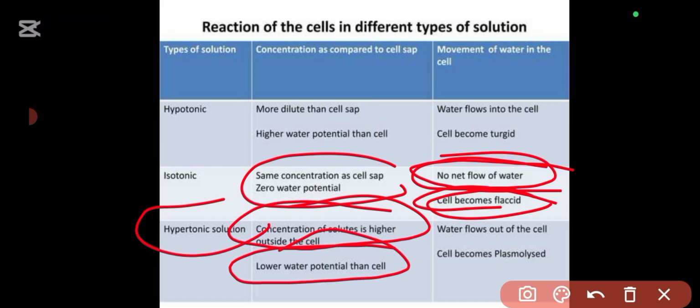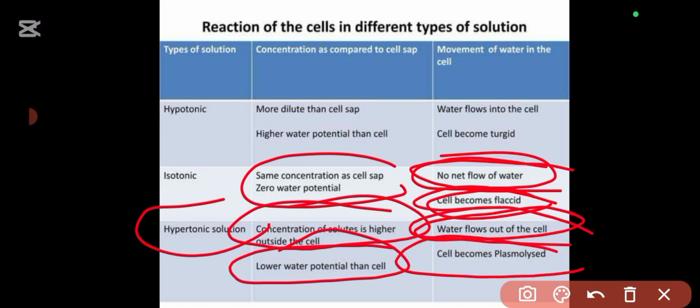Inside the cell we have high water potential, so water will move from higher water potential to low water potential, which is outside of the cell. So water moves out of the cell and the cell will become plasmolized.